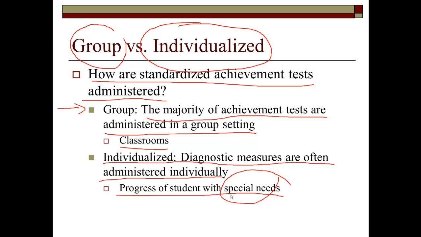We can give those tests on an individual basis rather than with a group, because let's face it, we may disturb the group as they're concentrating, and the environment may be prohibitive to that special needs student. And so we can adapt those tests to their needs also.